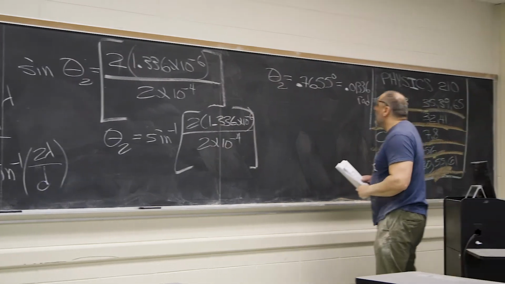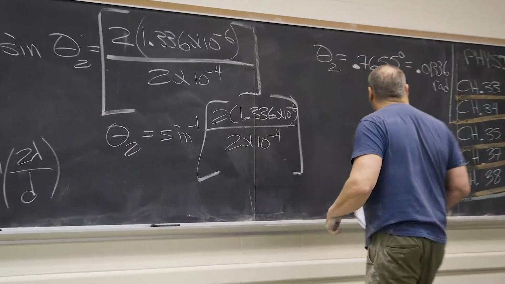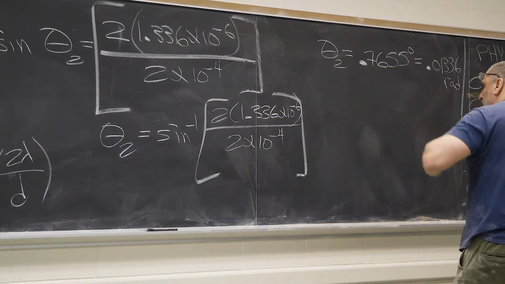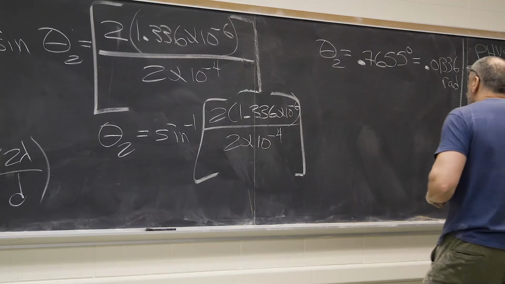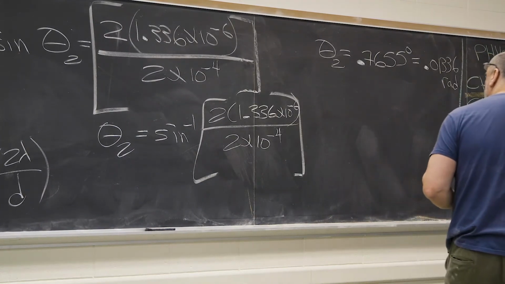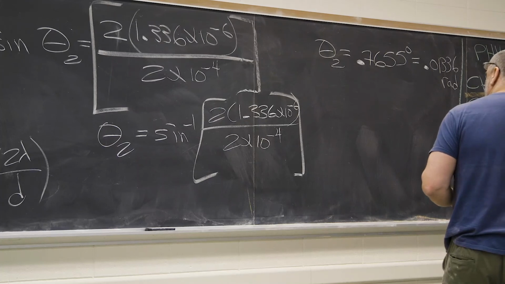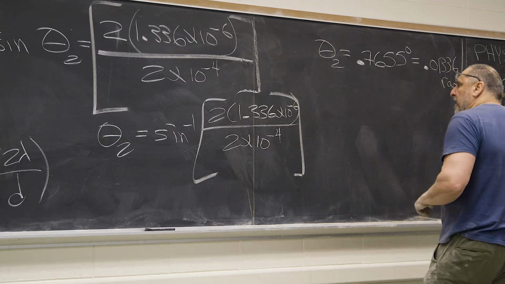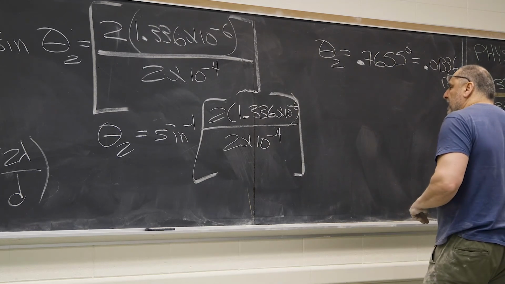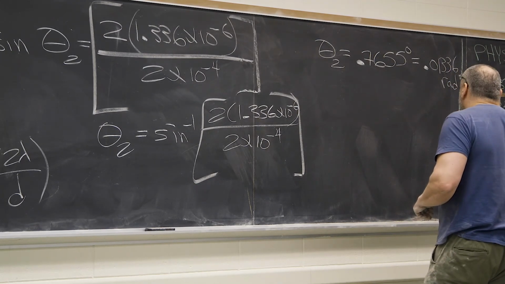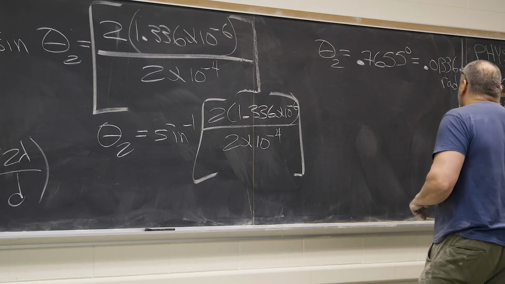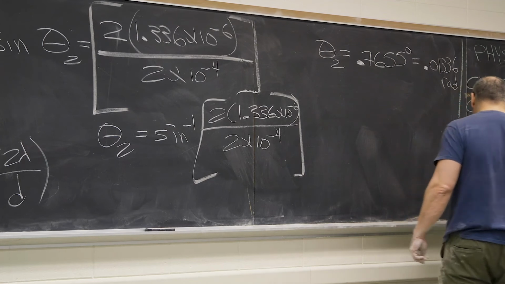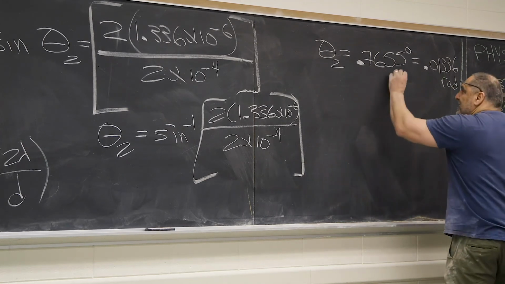It's pretty interesting. Very interesting how that all transpired, actually. What's going to happen is it's going to be 1.336 times 10 to the negative 2, which is 0.01336 radians. So that's pretty big.